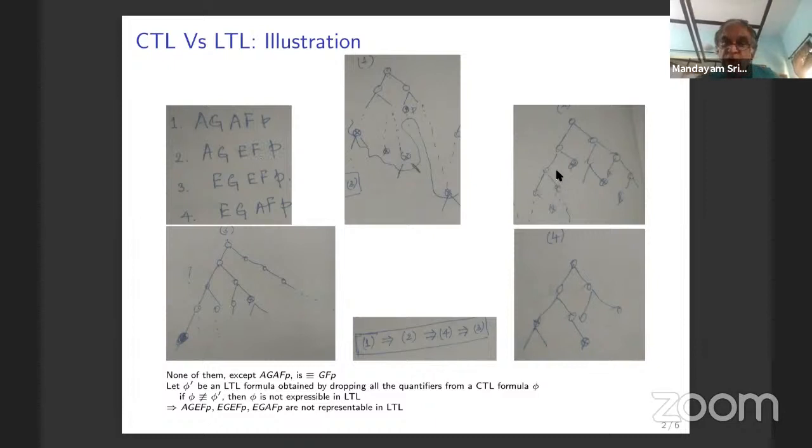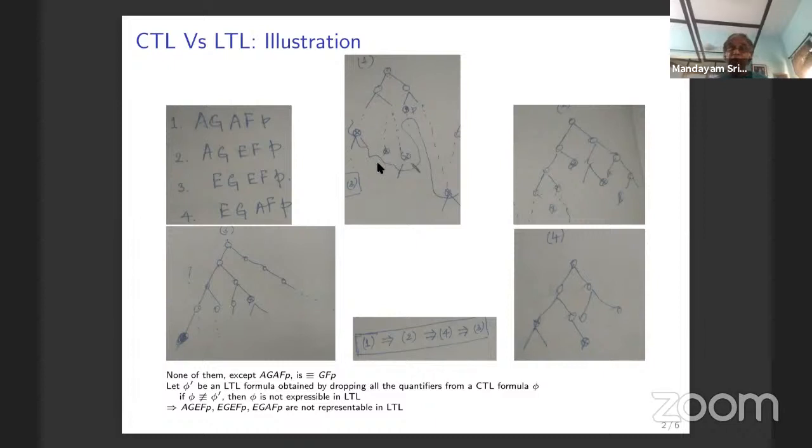That's because, you see, on the leftmost path here that I'm moving my cursor over, there is no cross at all. Okay. But from each of those states, there is one path in which P eventually holds good, like I'm doing here.